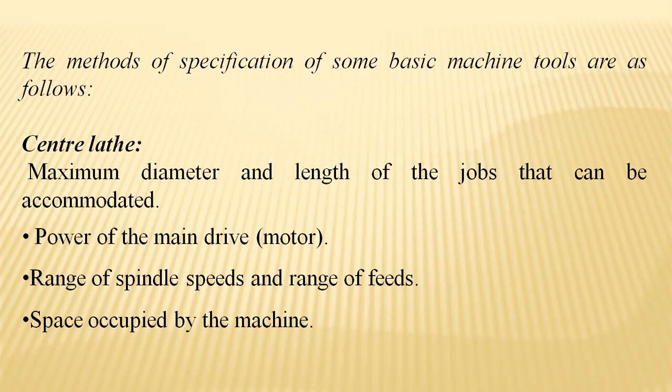These are primary conditions that need to be specified in the case of the central lathe machine. The second is the spindle speed that will be maintained and the range of feeds by which the material will be removed in the machining process, and the space occupied by the machinery.